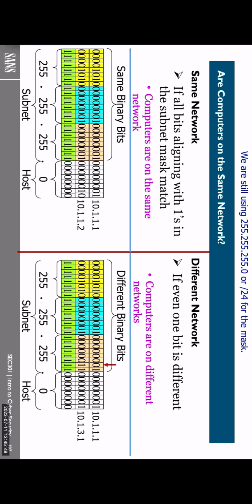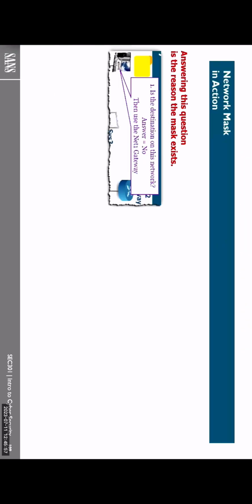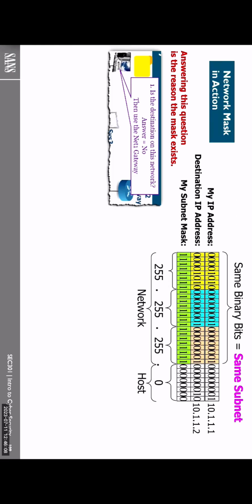So now I've determined, is it on the same network or different? That allowed me to answer that question. Is this computer on the same network as me? The answer in this case was no. The computer answered its own question by looking at its IP address and the IP address of the destination and comparing the two based on the subnet mask.